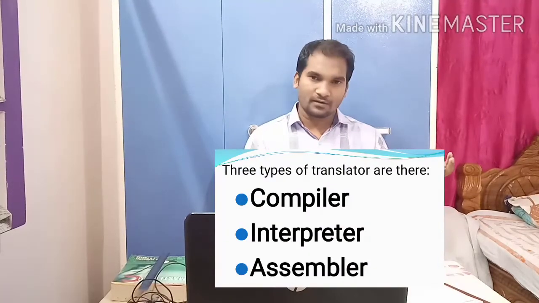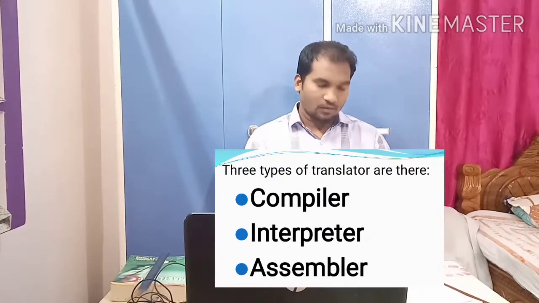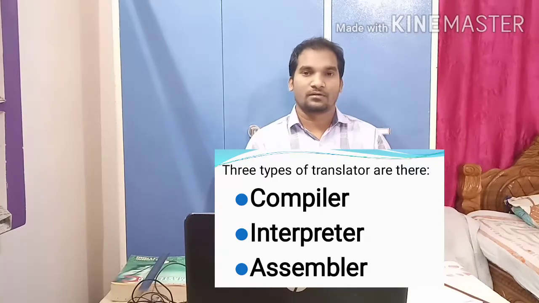So in high level language we have the source code. Source code is nothing but the programming coding written by the user or the programmer, and that can be converted into machine level language by using either interpreter or compiler or assembler.